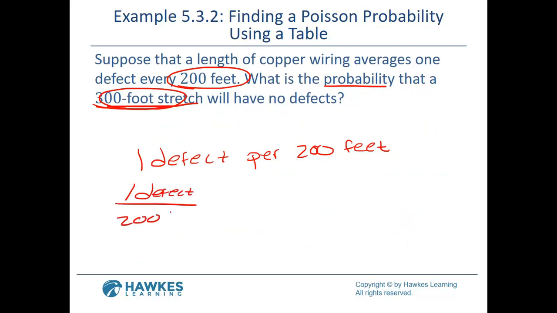If I multiply this by 300 feet, you'll notice you get 1.5 defects on average. This is an average or rate of change, and multiplying it by 300 feet means we get our units to be in the same interval: 1.5 defects on average.